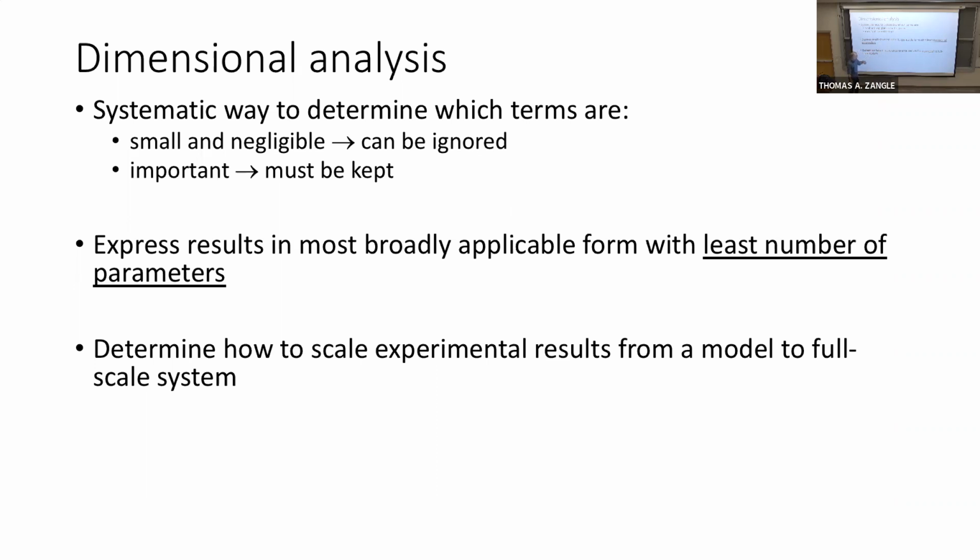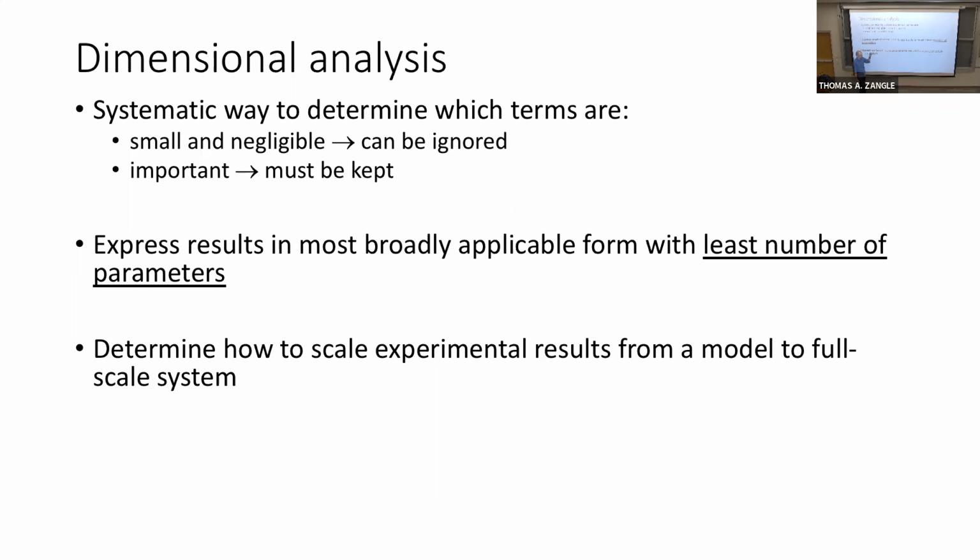Another use is how to scale experimental results from a model to a full-scale system. A lot of times if you're designing something, even if you're using CFD, which is a much more modern way of doing it, oftentimes you'll need some kind of ground truth from a real-world experiment. But it may be cost prohibitive to build a full scale system just to run a test to make sure that your CFD is performing correctly, for example.